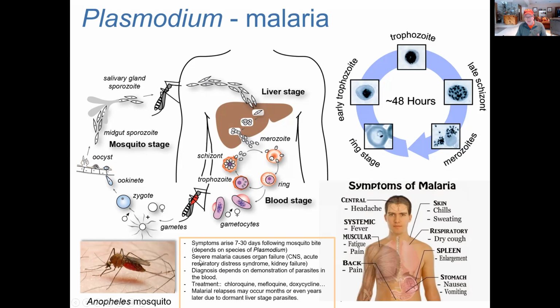And so here in this box, it indicates some symptoms of malaria, including organ failure, which could kill you and has killed millions of people over the last 100 years.